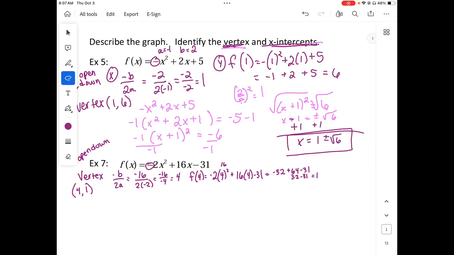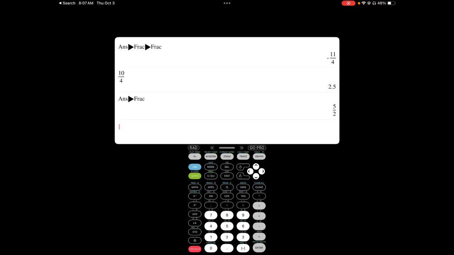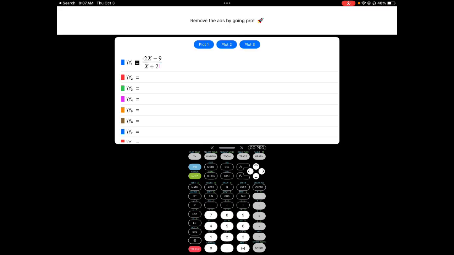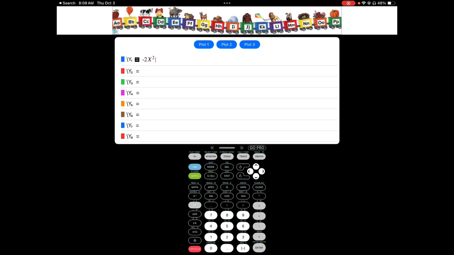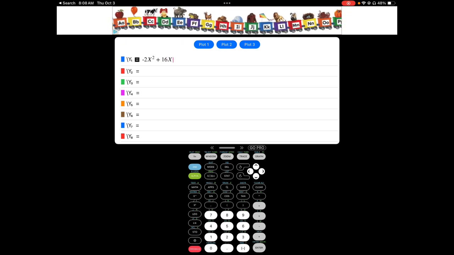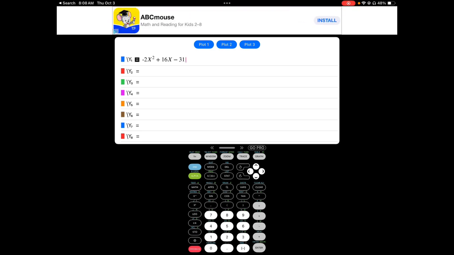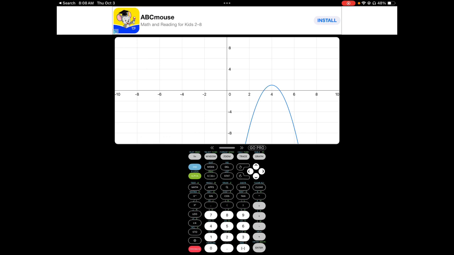I want to go to the calculator. I'm going to put this in so that we can see our true vertex. Go to y equals, clear that out. So we have negative 2x squared plus 16x minus 31. Okay, so it's 4, 1.